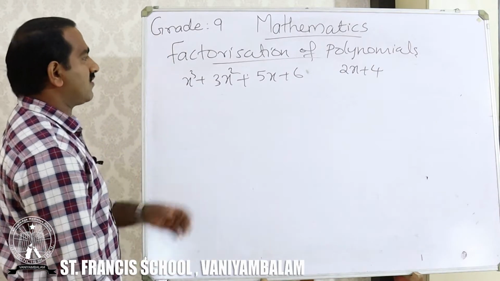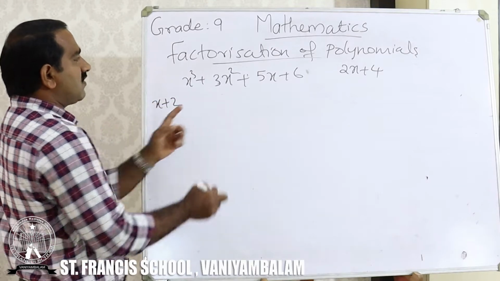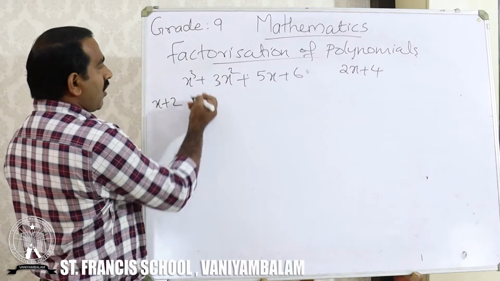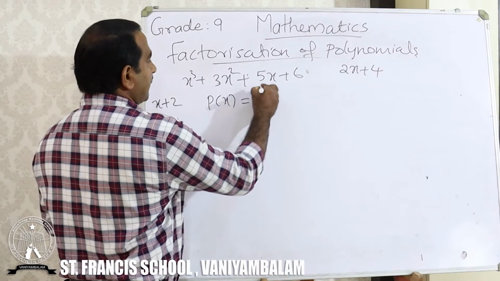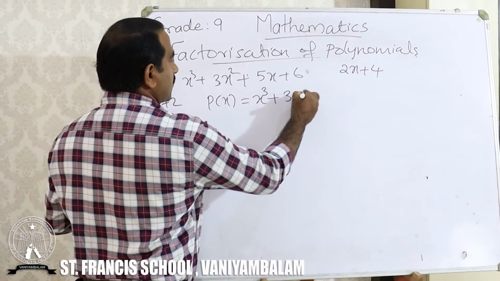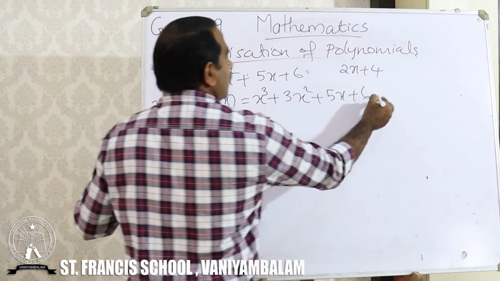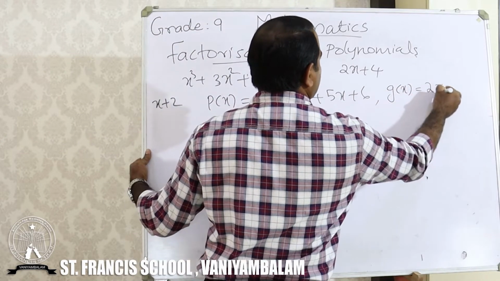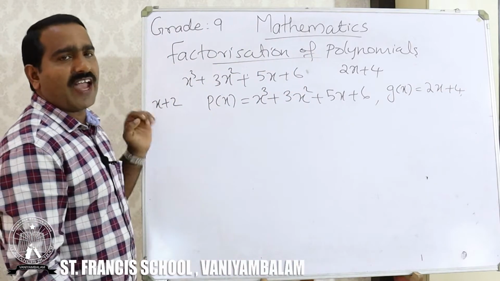So we are going to check whether x plus 2 is a factor of these two polynomials or not. First we are going to take P of x equals x cube plus 3x square plus 5x plus 6 and g of x equals 2x plus 4. Examine whether x plus 2 is a factor or not.